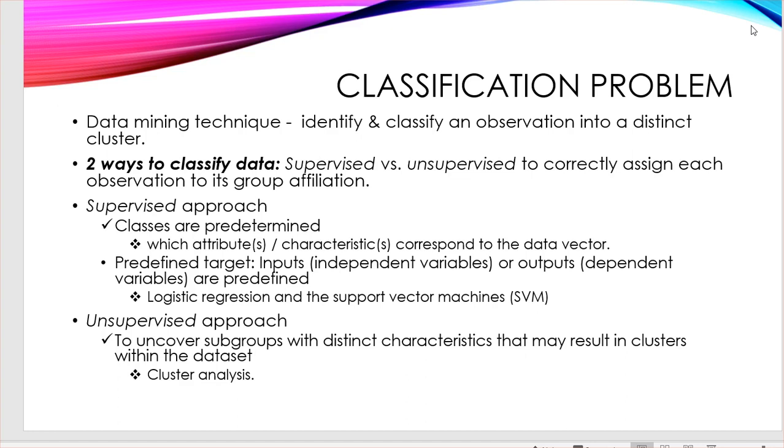We also maneuver our data in such a way to indicate who are the heavy, moderate, light, or non-smokers. So, as you can see, as an example of a supervised approach, the logistic regression has its classes predetermined.